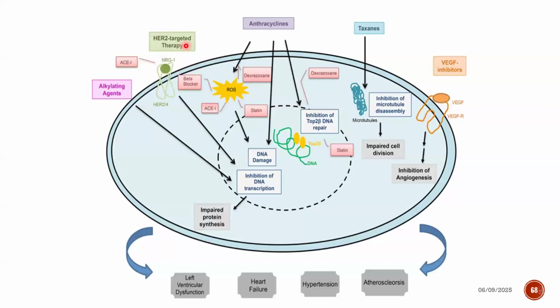The HER2 targeted therapies also cause inhibition of DNA transcription. Anthracycline causes DNA damage as well as inhibition of DNA transcription and also inhibition of topoisomerase 2 DNA repair.